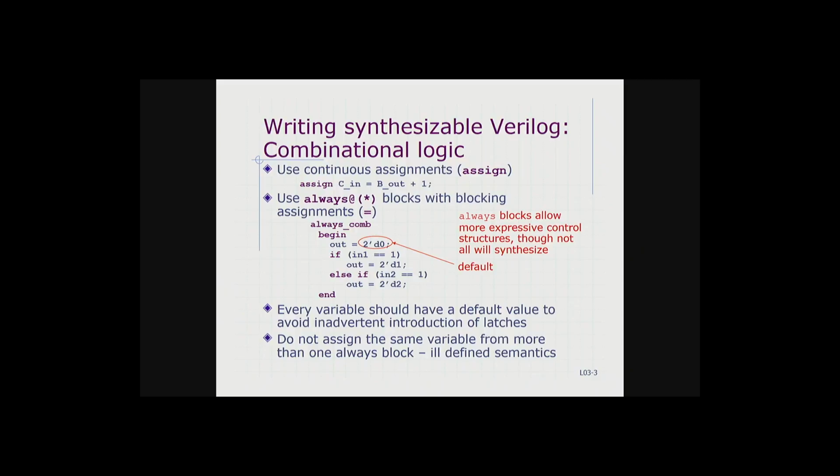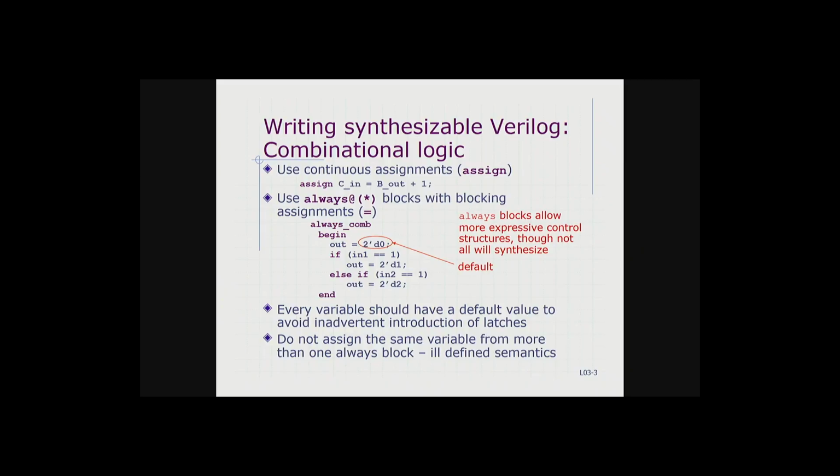So if you were unfortunate enough, and I've done this, don't ask me how I know, it's very painful, if you have used one of the new keywords as a variable name or a module name or something else, you're kind of in trouble when you do SystemVerilog. So that's the only place it's not portable, if I accidentally used what's become a new keyword. So you just have to watch out for the keywords.